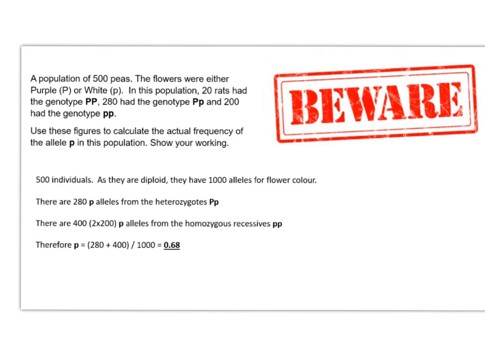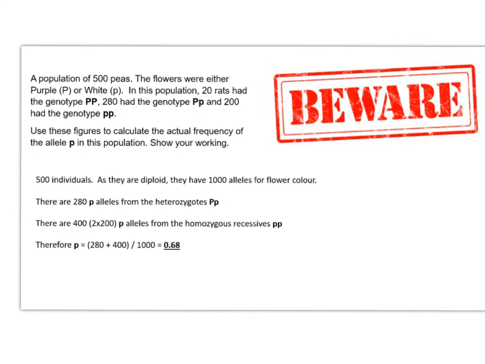So in this example we've got 500 individuals. As they're diploid, that means they've got 2 copies of each chromosome, so they've got 2 copies of each allele. There are 1,000 alleles for flower colour. There are 280 little p alleles from the heterozygotes, so 280 heterozygotes means we've got 280 little p's.